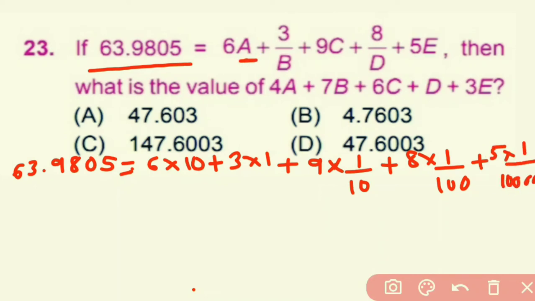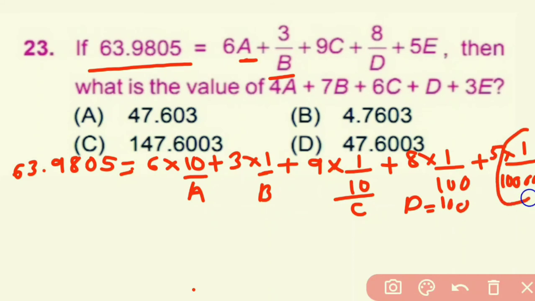So here A's value is 10, B's value is 1, C's value is 1 by 10, D's value, D is in denominator, so D is equal to 100, and E's value is 1 by 10,000.